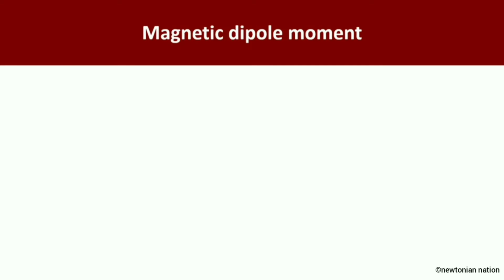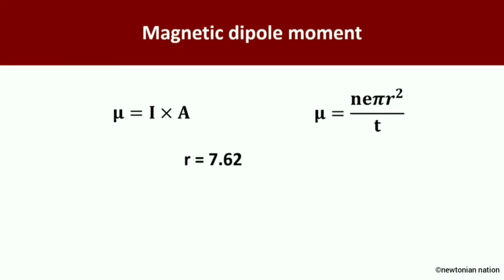The fifth one is the magnetic dipole moment. We already know the formula. In that, r is the radius of the circular magnet. It is around 7.62 meters, and n is the density or number of particles which come out from the muon collider. It will be calculated from the quantum free electron theory, and that value will look like this.